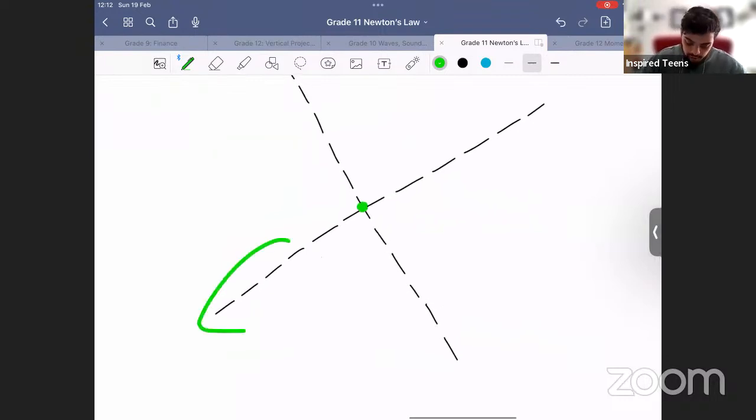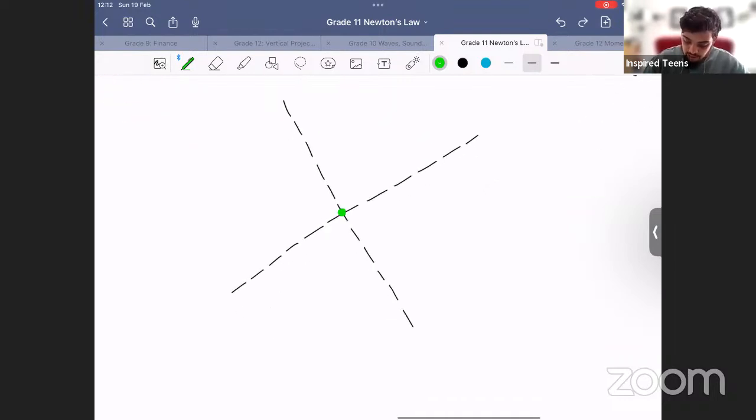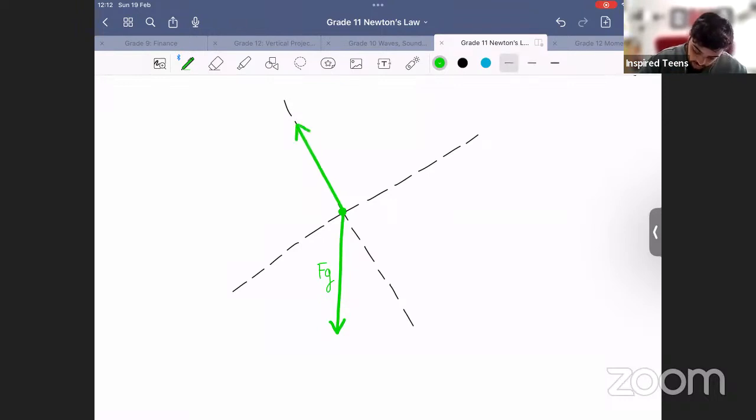This is so skew, but if I'm going to draw it again, I'm going to draw it skew again. Firstly, we're going to draw FG going downwards. Happy days. Secondly, I'm going to draw F normal perpendicular to the surface, in the upward direction. Thirdly, I'm going to draw my friction, which is away from the direction of motion.